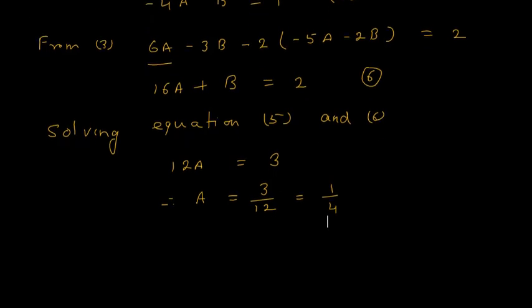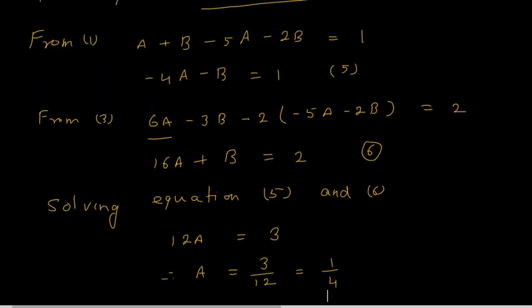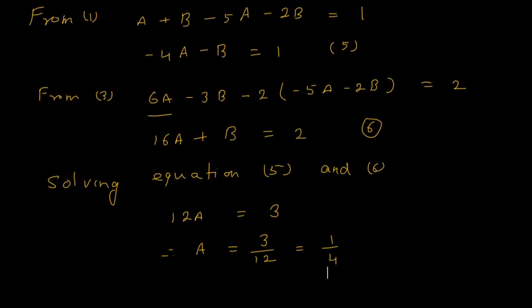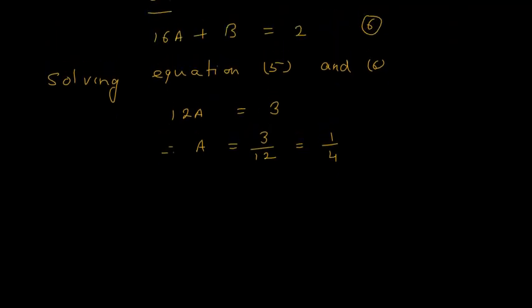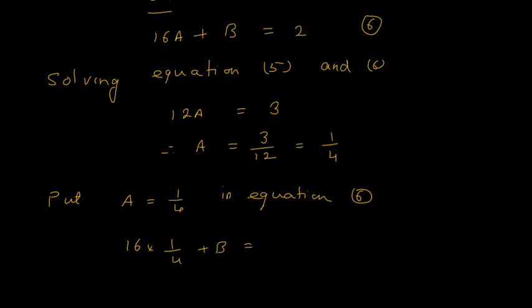Okay, now again I will put this value of a in any of the equations. So let us use this sixth equation, put a equal to 1 upon 4 in equation 6.